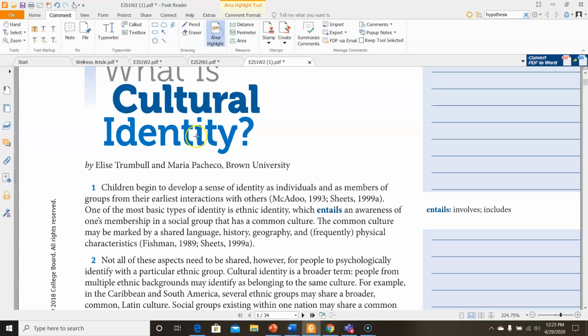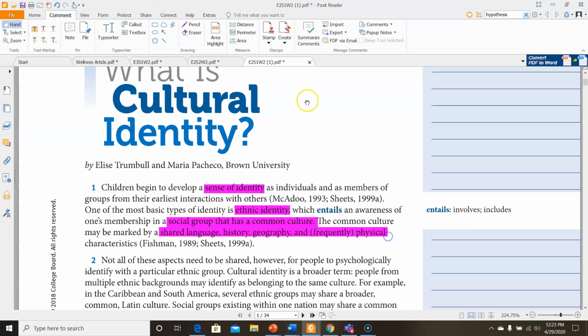So I'm going to highlight that they develop their sense of identity partially from their ethnic identity, which is talking about their social group that has a common shared culture. And that's often marked by these things: shared language, history, geography, and physical characteristics, but not always physical characteristics.